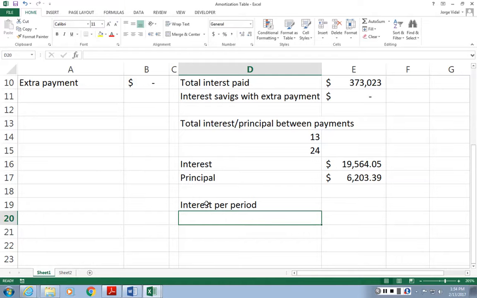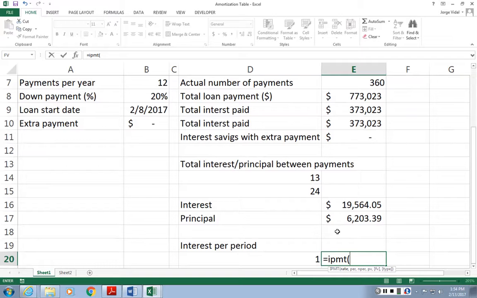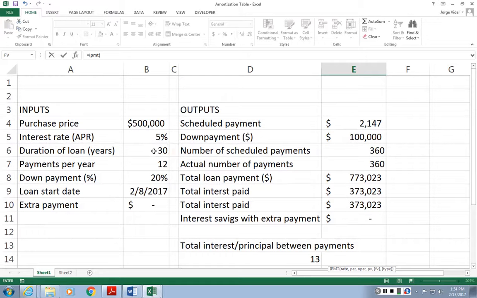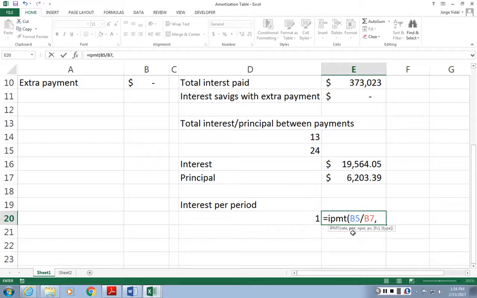Okay, so that will be month 1, and the function is IPMT, which stands for interest payment, and that will be month 1, 2, 3, 4, and so again, follow the syntax. Rate will be the 5% divided by 12. Comma, period, it will be that one.